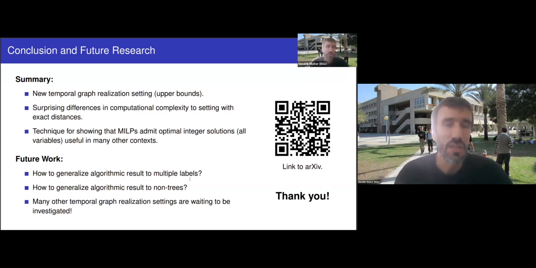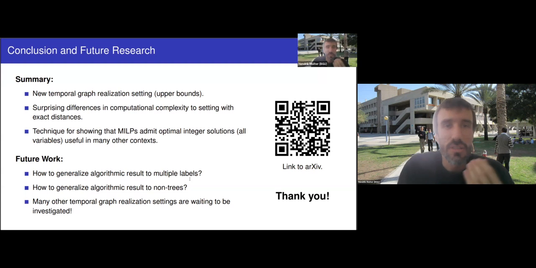Note that in our case, we do not care how much we undershoot those values, right? So we could have durations in the labeled graph that we produce that could be much, much smaller than what the matrix says. So I think in some sense, the approximation setting is even more natural in the setting where we have exact distances that we try to achieve.